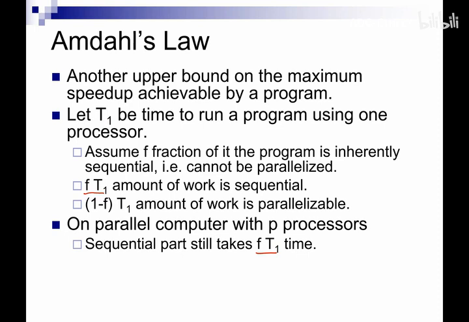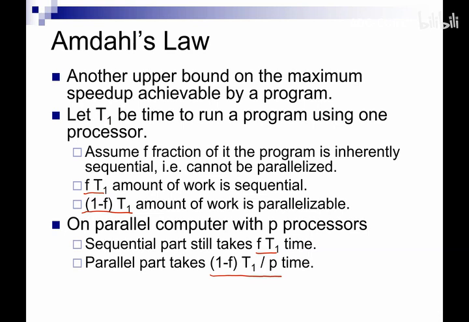It's going to be f times T1. The parallel part can be parallelized. Here you have 1 minus f times T1 amount of work, and when you have P processors, it's going to go P times faster. Because for Amdahl's law, we're going to assume that you have a perfect linear speedup for the parallel part, and you have no speedup for the sequential part.